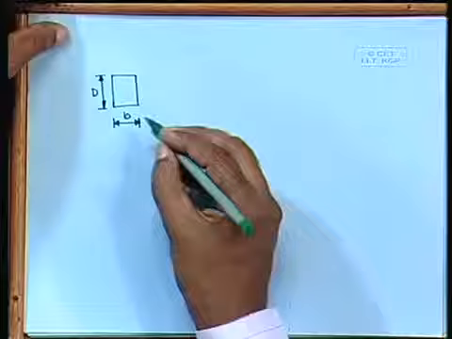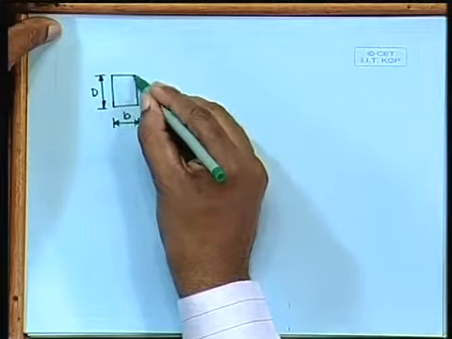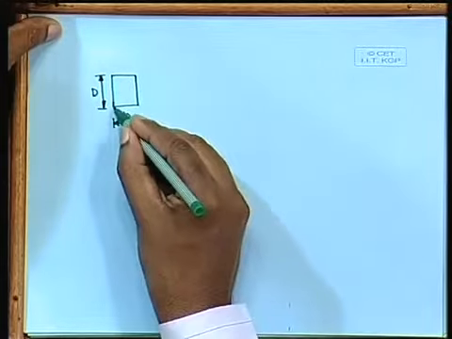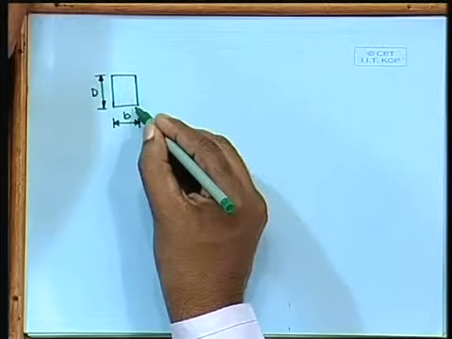Since it is homogeneous, the permissible stress at the top and the permissible stress at the bottom are both the same.